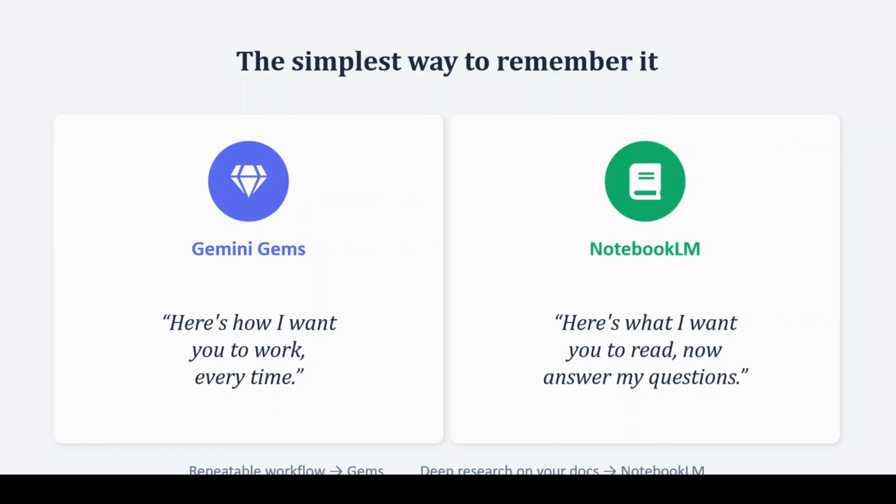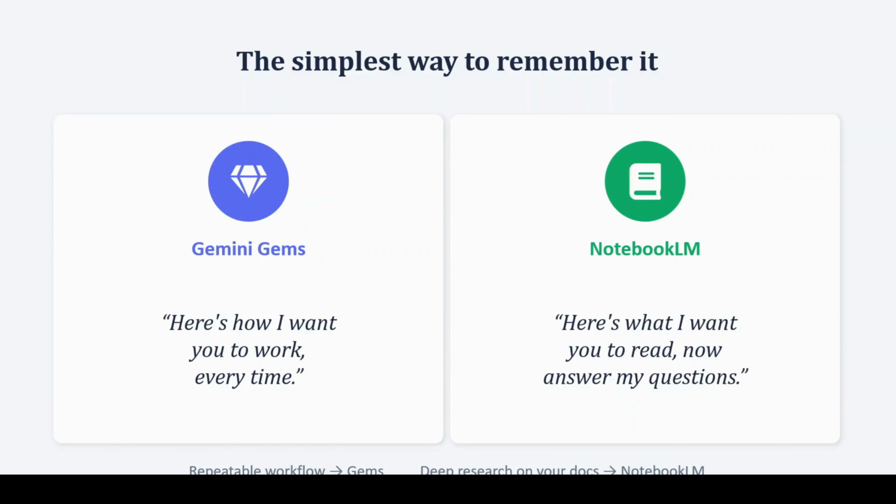So now let's do a side-by-side comparison between these two tools. Here is the simplest way to remember the difference. When it comes to Gemini Gems, it's like you explain it as, here is how I want you to work every time. And if we want to explain Notebook LM, it will be something like this: here is what I want you to read and answer my questions about.